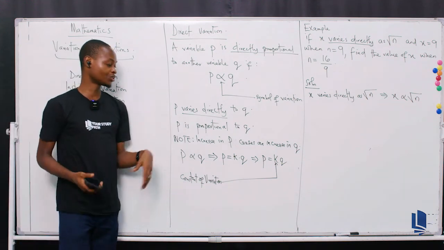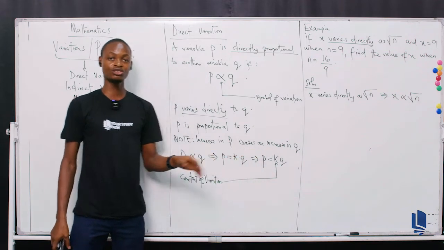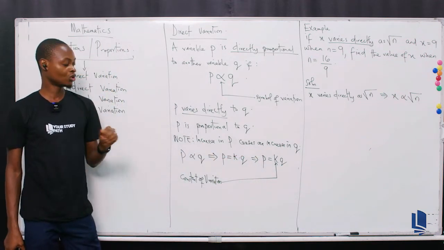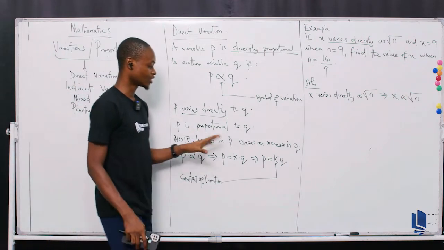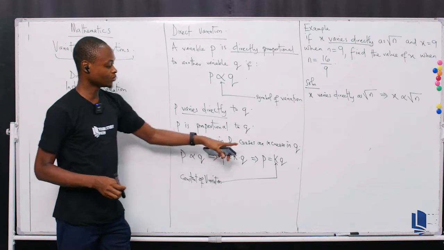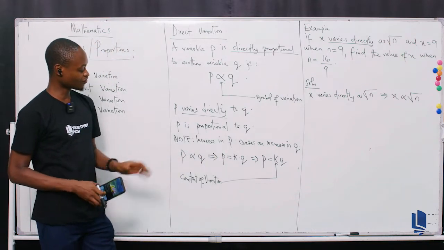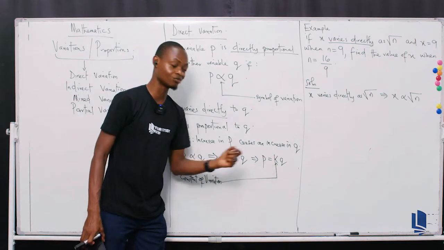Now, as a digression, if you look closely at your Boyle's law, you should already start finding some similarities between them on how they operate. That aside, we have converted the symbol of variation into the constant of variation.